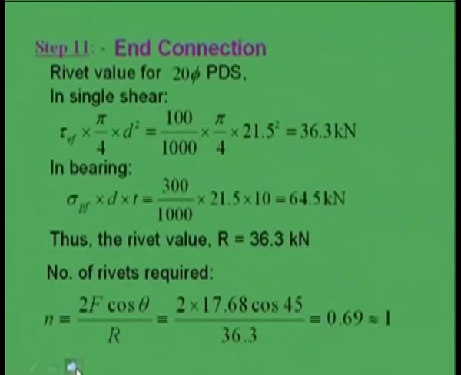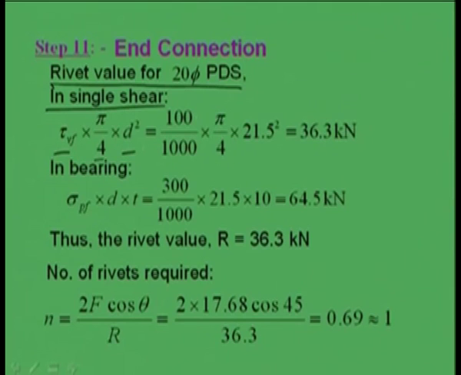Next what we will do? Next is the last step, that is the end connection, design of the end connection between the lacing and the main frame, right. As we have assumed the rivet diameter as 20, we can find the rivet value for single shear as tau Vf into pi by 4 into d square.